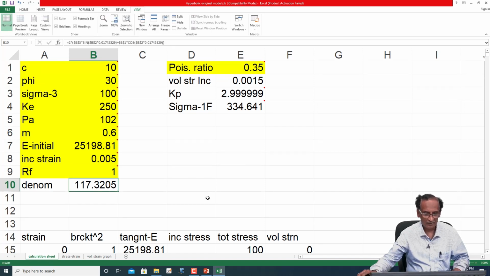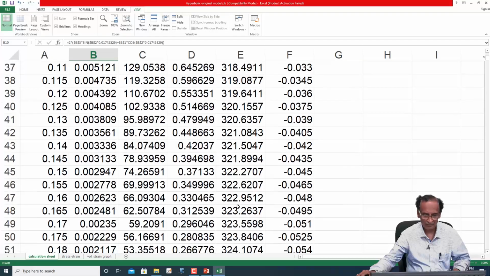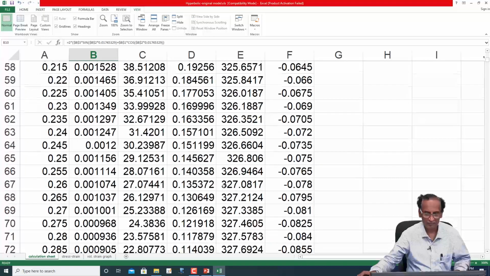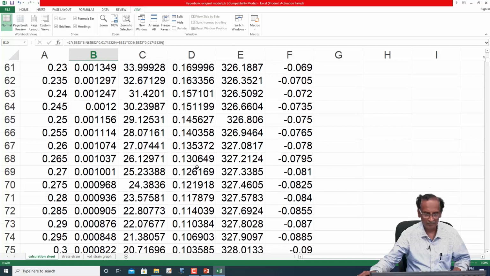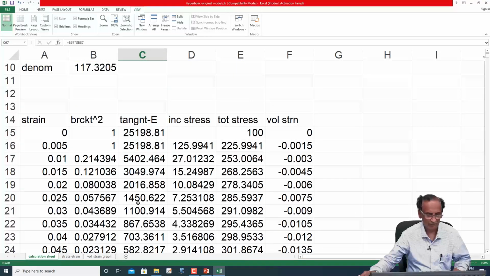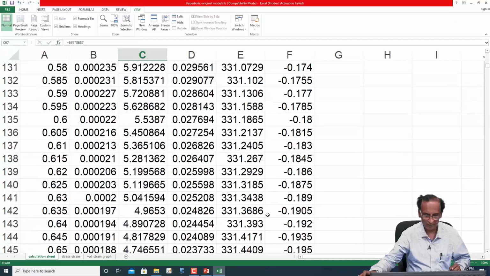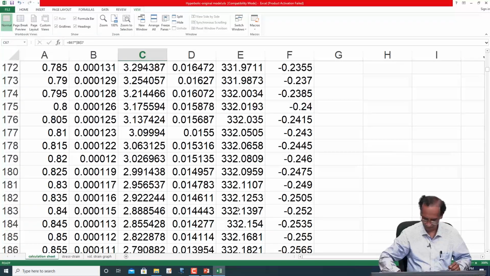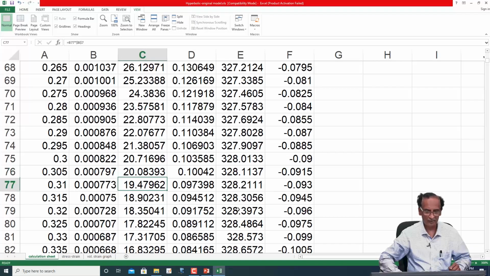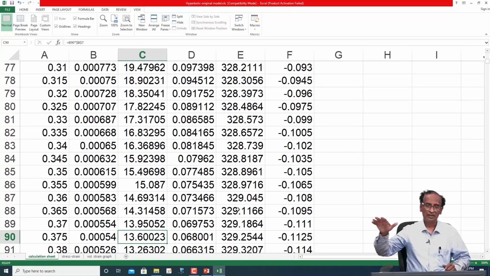And after failure, as you are approaching the shear strength, your tangent modulus has reduced so much, and your further increase of shear stresses will decrease, and after some time, after 334, we will see that it requires a very, very large number of iterations, because beyond certain stress it is not increasing.